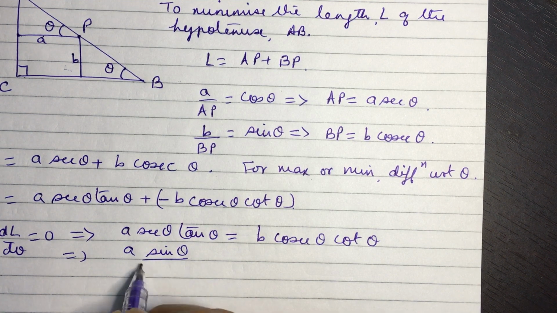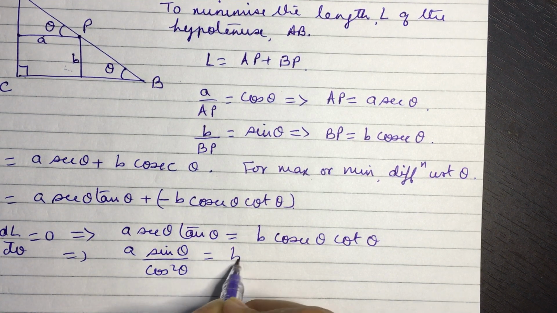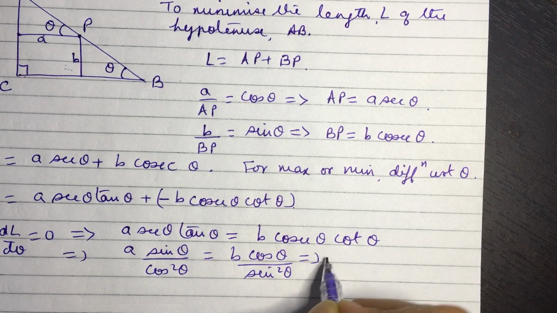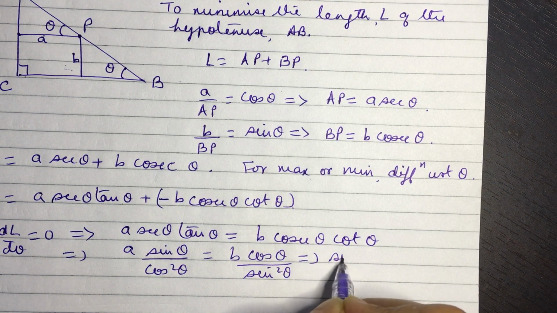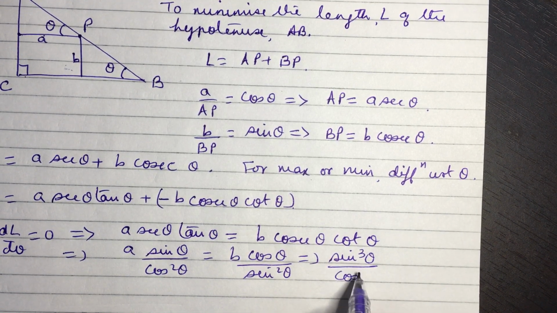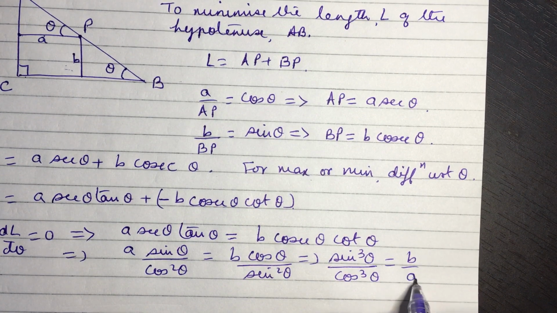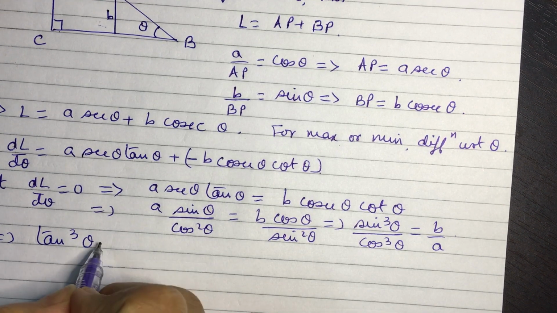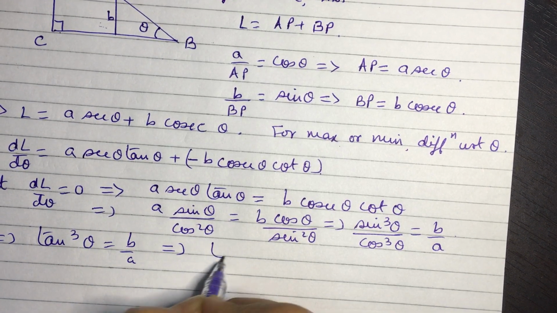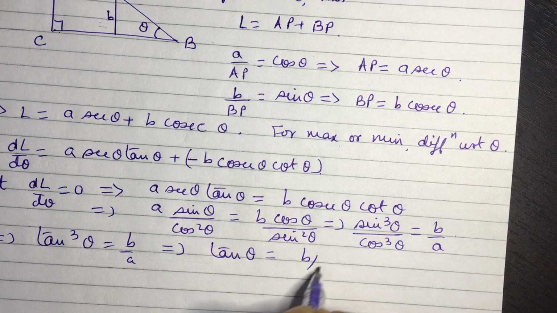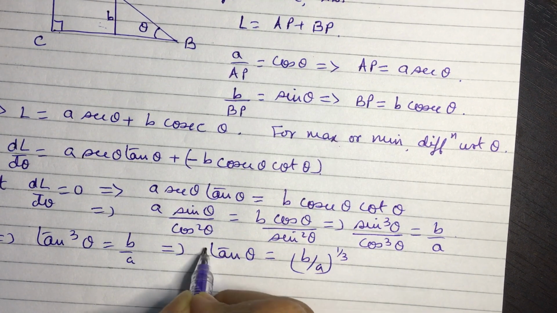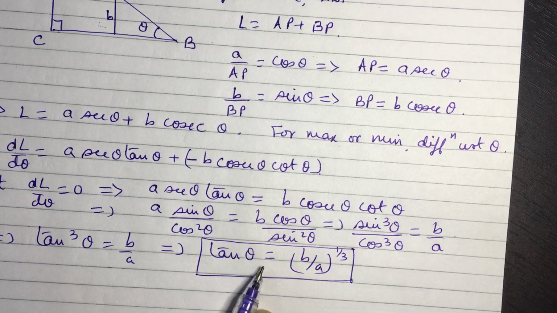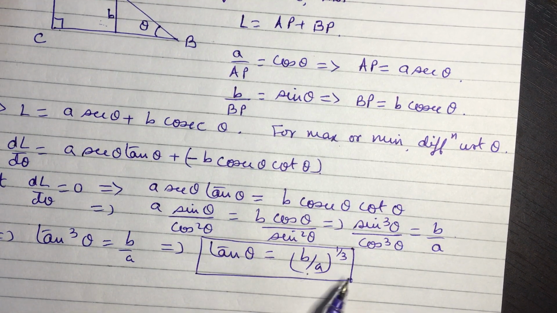Now, simplifying, we get A sin theta over cos square theta equal to B cos theta over sin square theta, which gives us sin cube theta over cos cube theta equal to B by A, and this gives us tan cube theta equal to B by A, and which gives us tan theta equal to (B by A) whole raised to power 1 by 3, from which we can find the value of theta as tan inverse (B by A) raised to the power of 1 by 3.